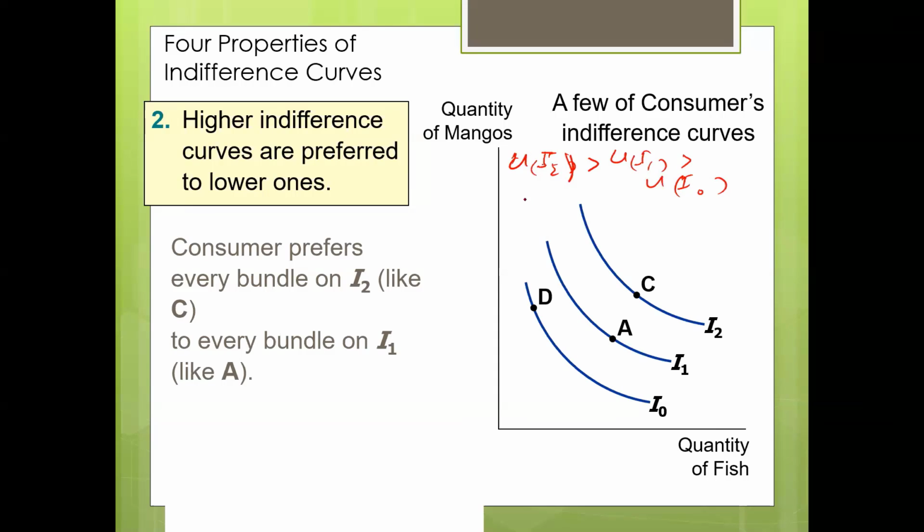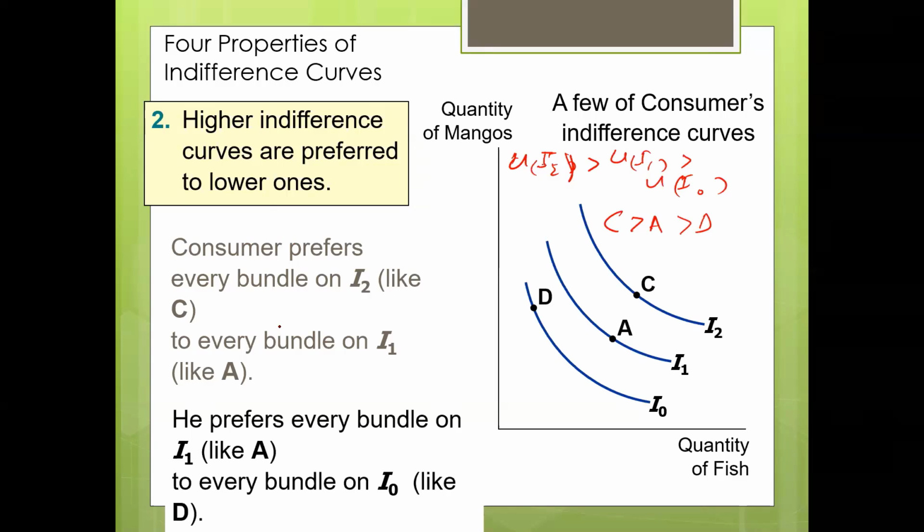So he will definitely prefer I2. So it means that C is better than A is better than D. Why? Because he is on the higher curve. So he prefers every bundle on I1 as compared to a bundle on I0. So C is better than A and A is better than D.